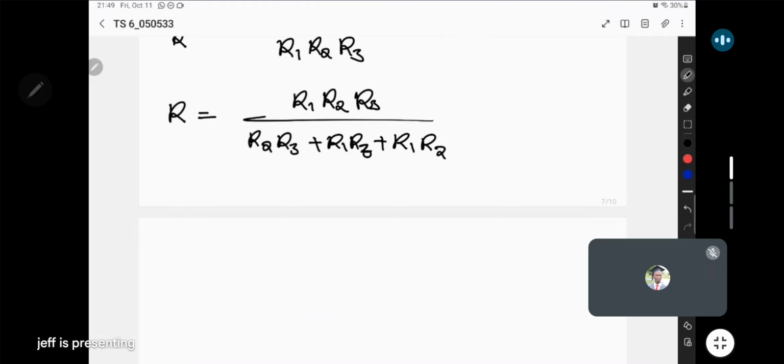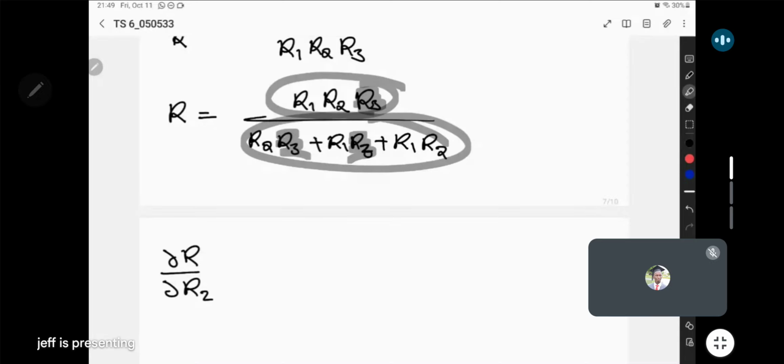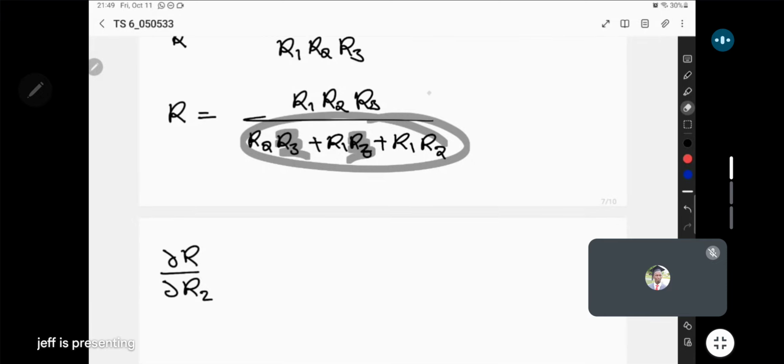So if I now wanted to get partial R, partial R2, all you have to see is the variable appears here and it also appears in the denominator. So I have a fraction here. I have two functions, one function on top, one function down. So by avoiding implicit differentiation in the previous case, as in when the functions were different fractions, by making it a single fraction, I've ended up having to differentiate by quotient rule.